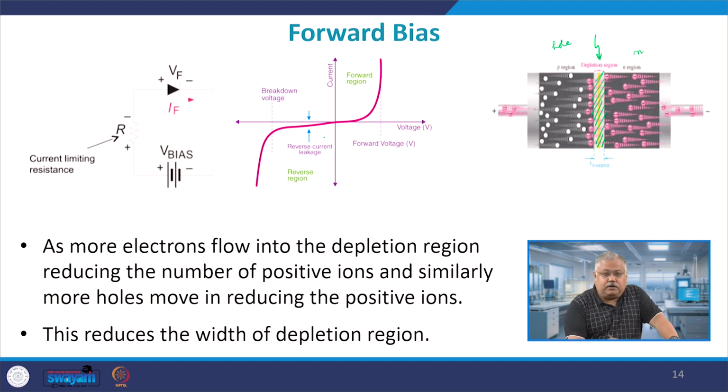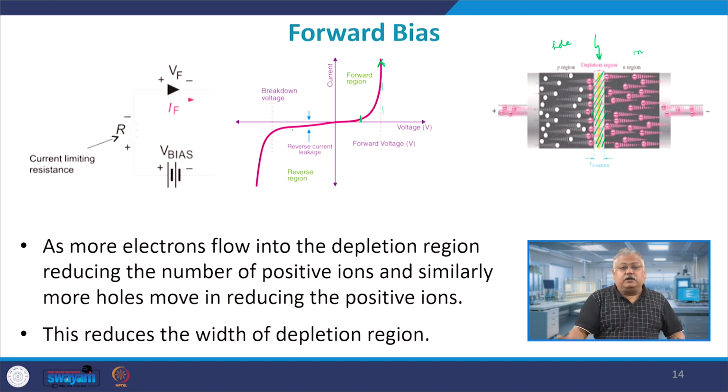Therefore, in the forward bias, till a certain voltage level, you will never find a current, because that much voltage is not enough to overcome the depletion width voltage, and therefore the current is almost equal to 0. Around 0.7 V for silicon, the depletion barrier is broken down, and suddenly the current starts to increase, almost like an exponential rise in the current. We define this as the knee voltage, or the forward voltage.